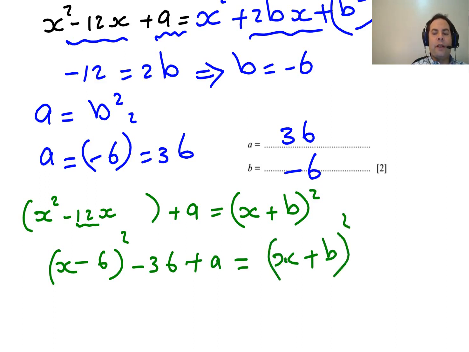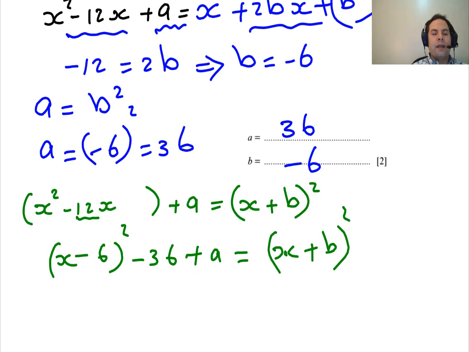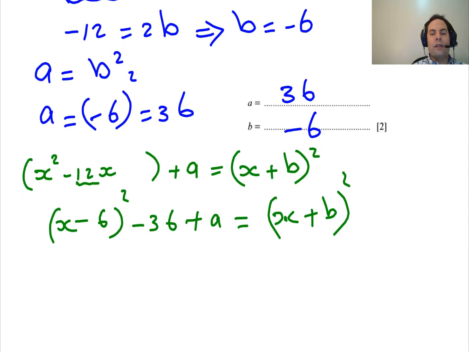Again, by comparing the left hand side and the right hand side, x minus 6 all squared, like x plus b all squared, we can write the constant to be 0. So by comparing these two expressions, b is equal to negative 6.